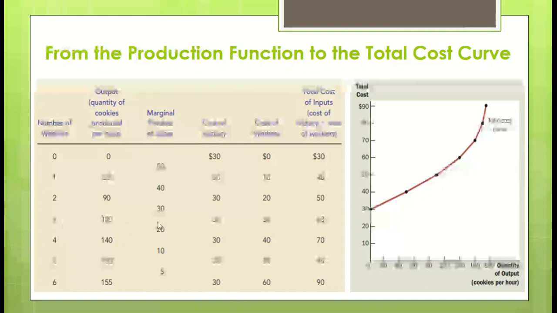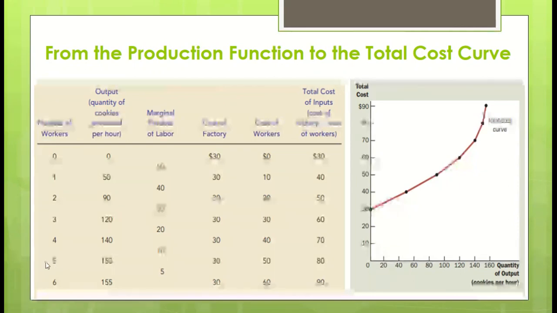So the answer is 20. And here the cost of factory, again it is constant, that is $30, and the cost of workers is $40. So adding them up, the total cost of input, that is the cost of factory plus the cost of workers, becomes $70.